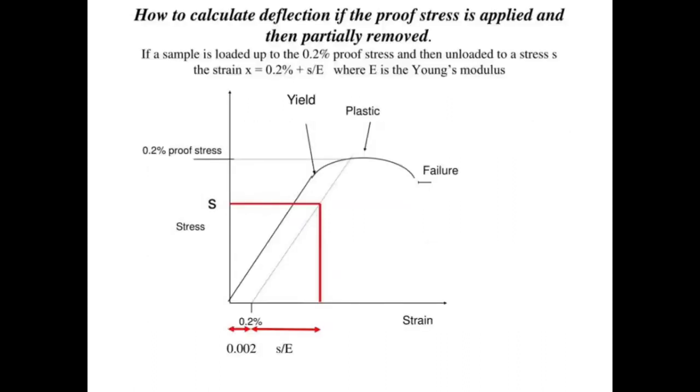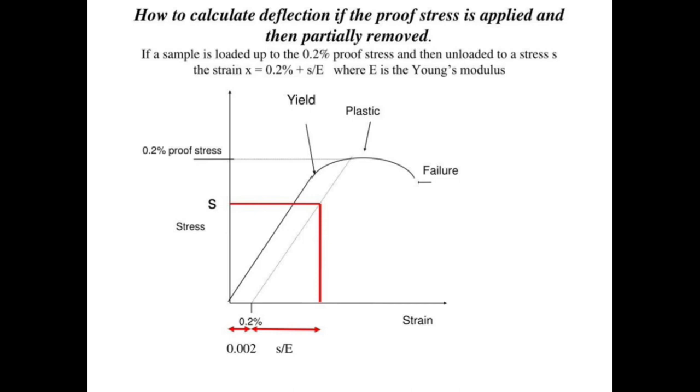This is to calculate the deflection if the proof stress is applied and then partially removed. It's a sample for proof stress of 0.2 percentage. Every material has a stress which it withstands for a certain period, and at a certain stage it yields some stress.